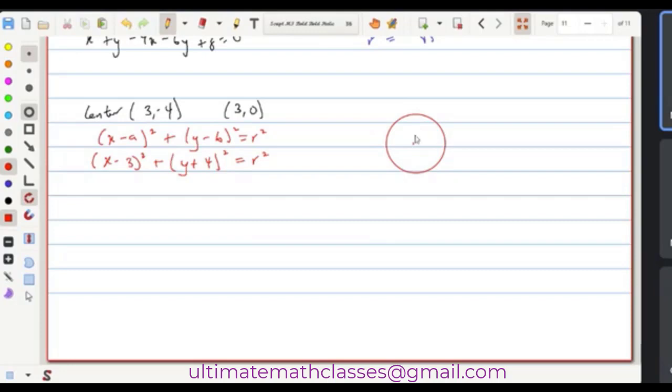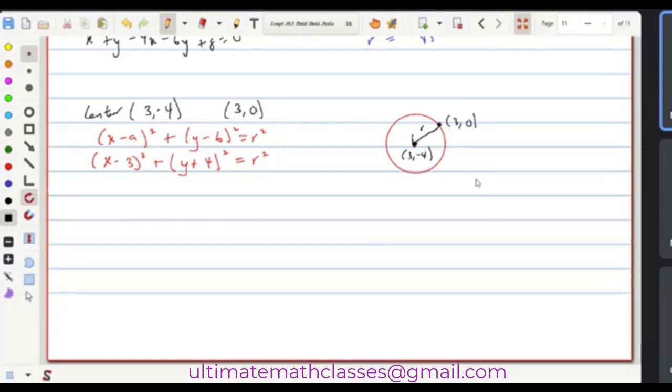This is the center of the circle, and the center is 3, negative 4. And this is the point 3, 0. Like I said, it's not really exactly the point, but let's take it like that. This r is the length of this line.